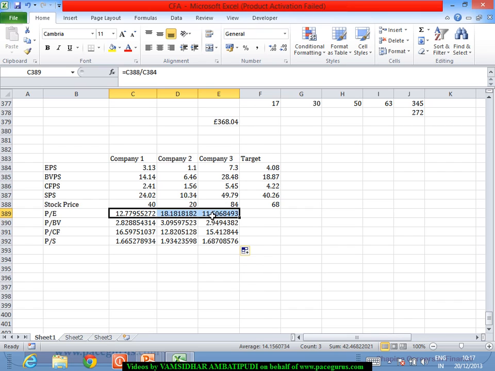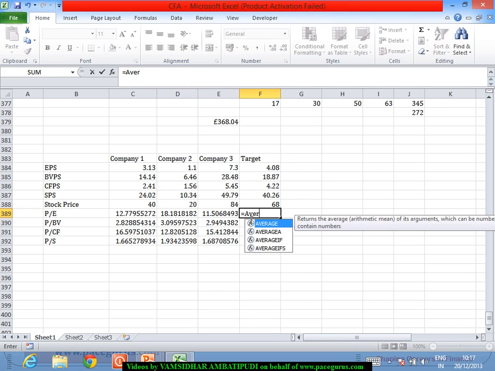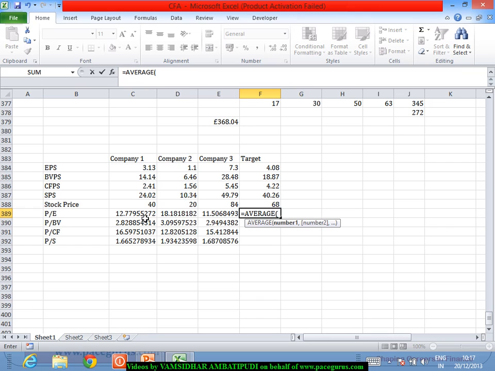The descriptive metrics probably could be the mean of these values, the median of these values, some such kind of number can very well be used. If I assume that I am going ahead with the mean, all I will be taking is the average of the 3 P by E's that I am getting.